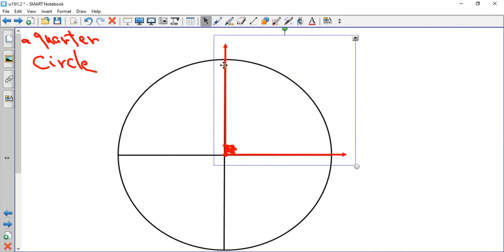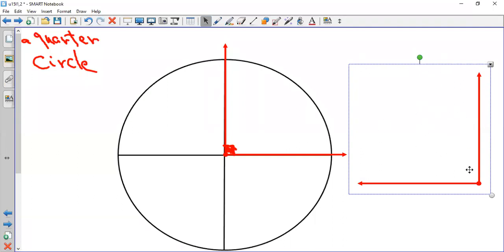We will find that the sides of the angle are exactly as the lines that divide the circle into four equal parts. In other words, the right angle is exactly as a quarter circle.